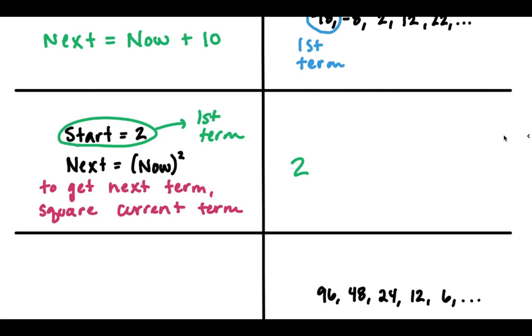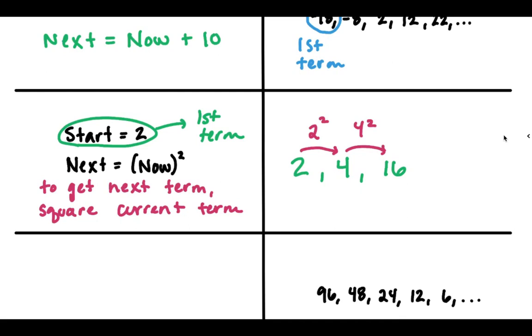Okay, so let's look at that. I want to do 2 squared to get my next term. Because my current term is 2, I square it to get the next. So 2 squared is 4. Then to get the next term, I'm going to take my new current term, which is 4, and square it. 4 squared is 16.